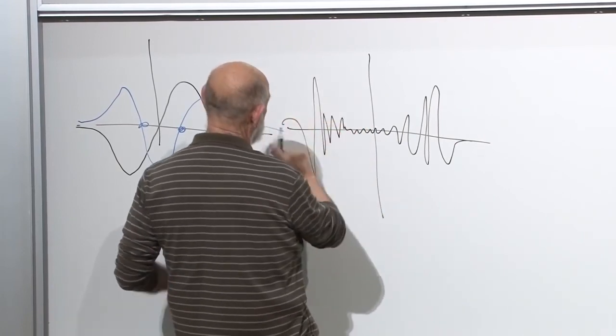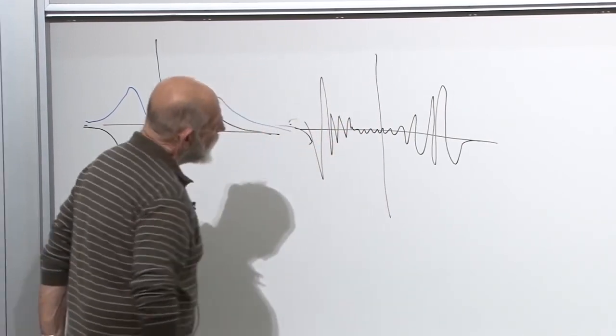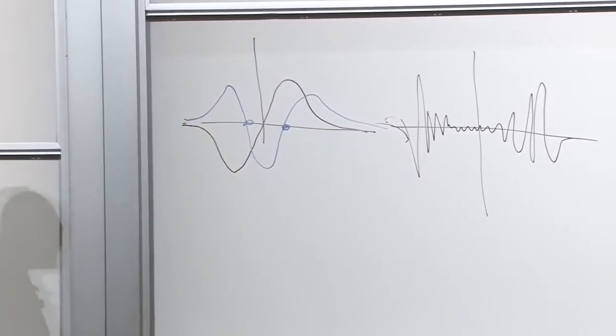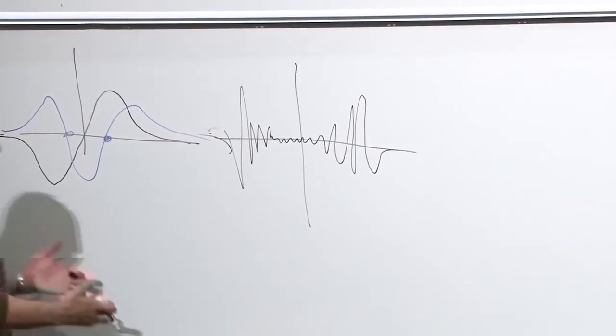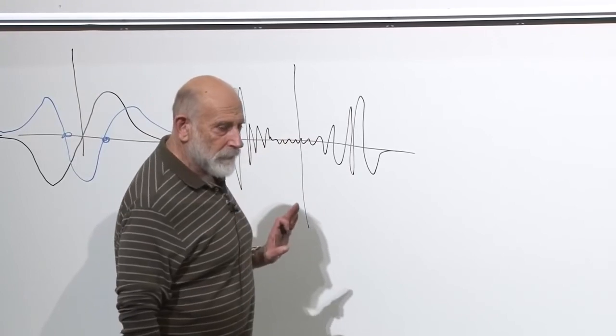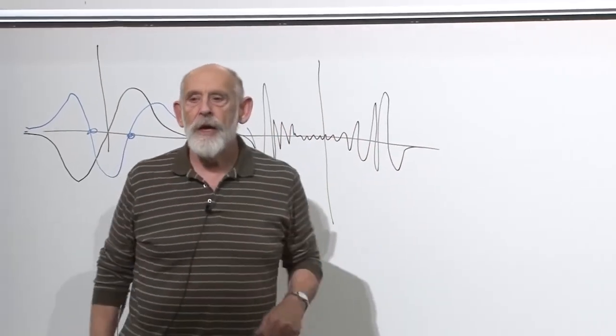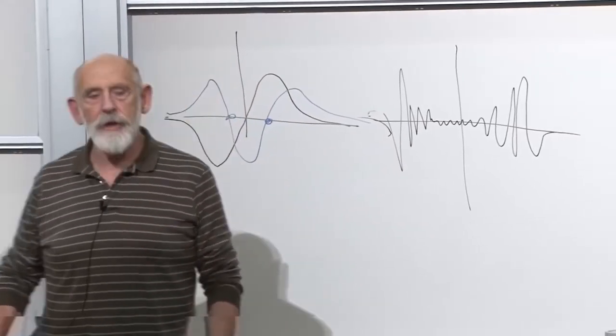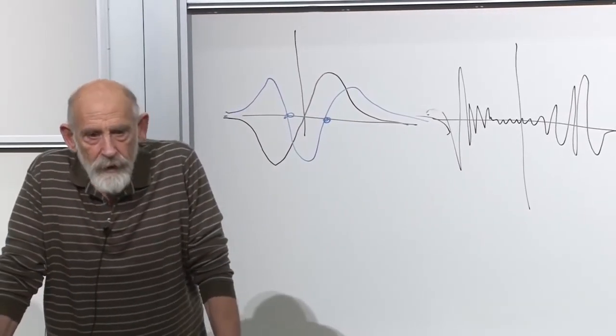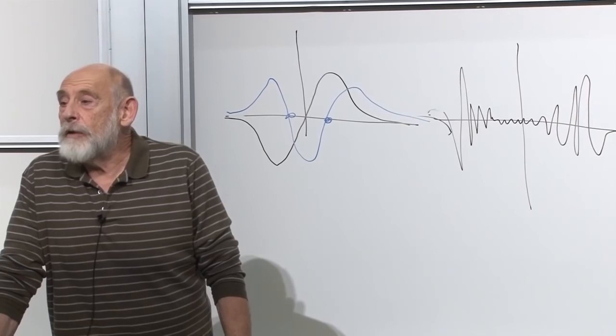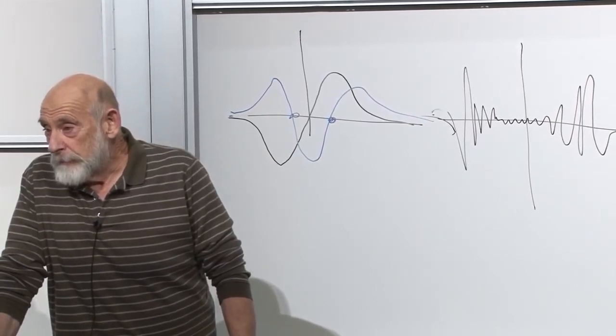Either symmetric or antisymmetric. And as you go up, you get more and more wiggles, and the whole thing gets pushed out further and further. What do the wiggles mean? What's the implication of the wiggles? Wiggles mean momentum.